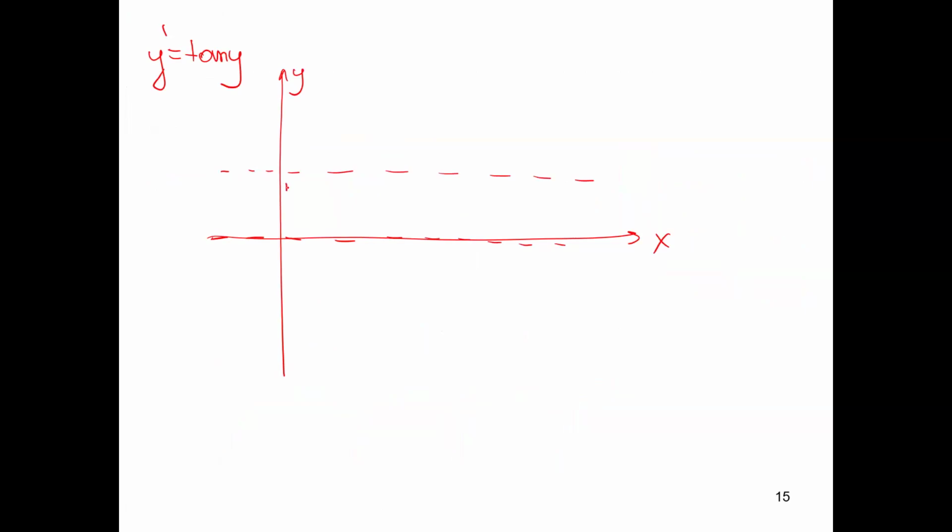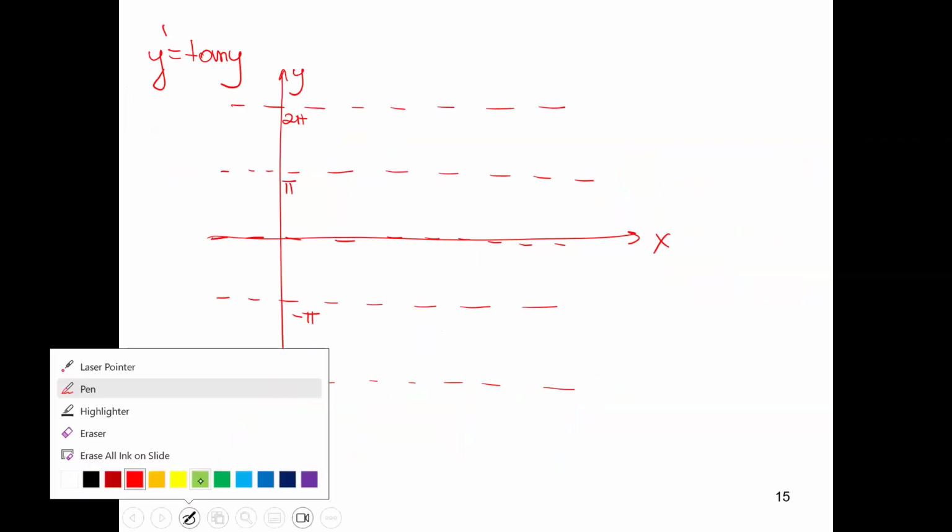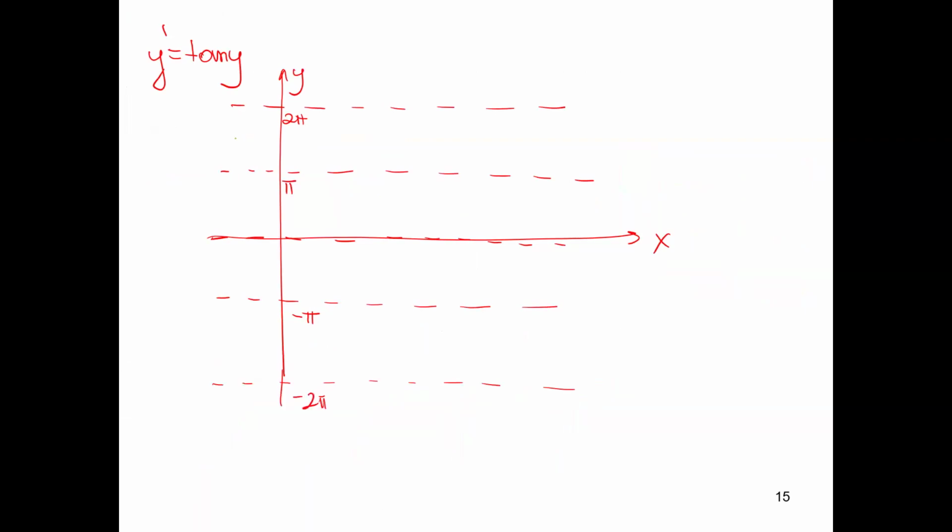Pi is an equilibrium solution, and maybe one more: 2 pi. Negative pi is an equilibrium solution, a horizontal line. Negative 2 pi. But in the middle, we have these undefined points, pi over 2, 3 pi over 2, the vertical ones, negative pi over 2, negative 3 pi over 2.